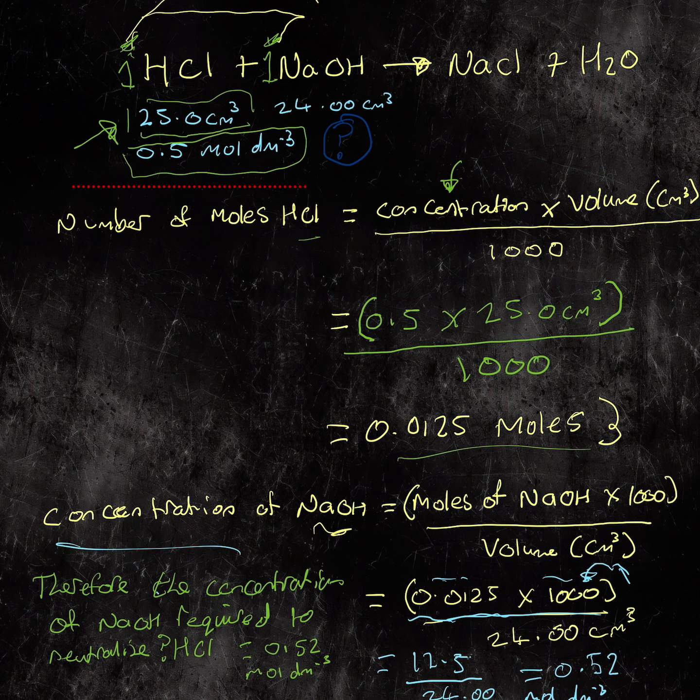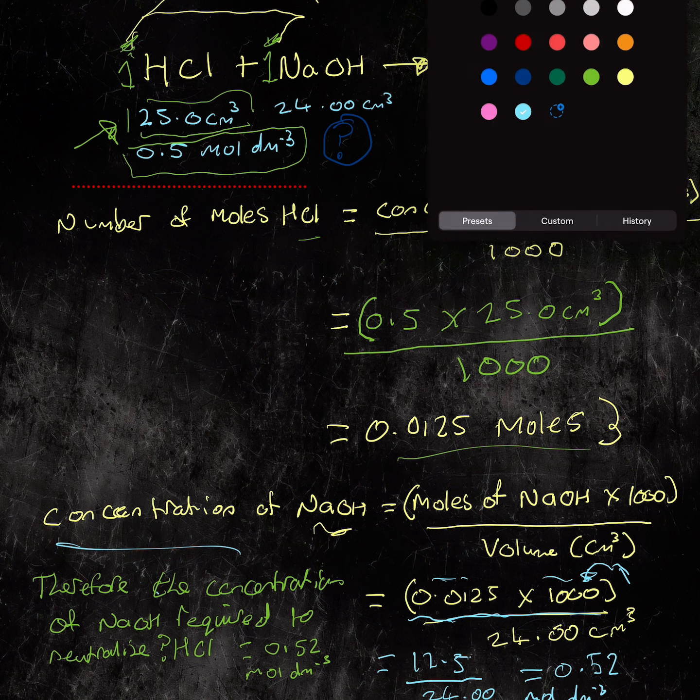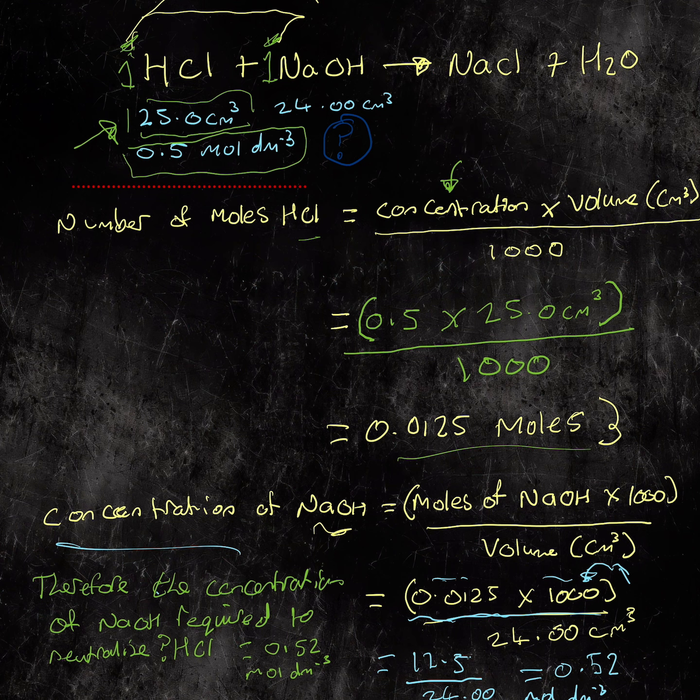If you didn't do the times 1000, you would have 0.0125 divided by 24. I'm referring to this bit up here.